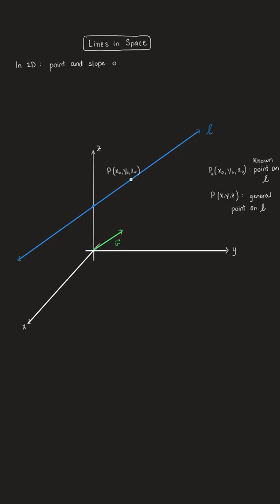Or if we have 2 points, then that's enough information because that allows us to find the slope also. Point and slope. In 3D, we are going to need a point on the line, and what's going to take the place of the slope for us is a vector that gives us the direction of the line.